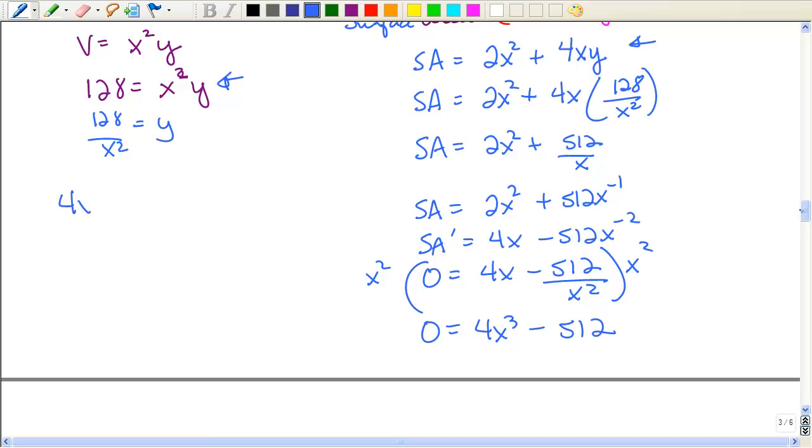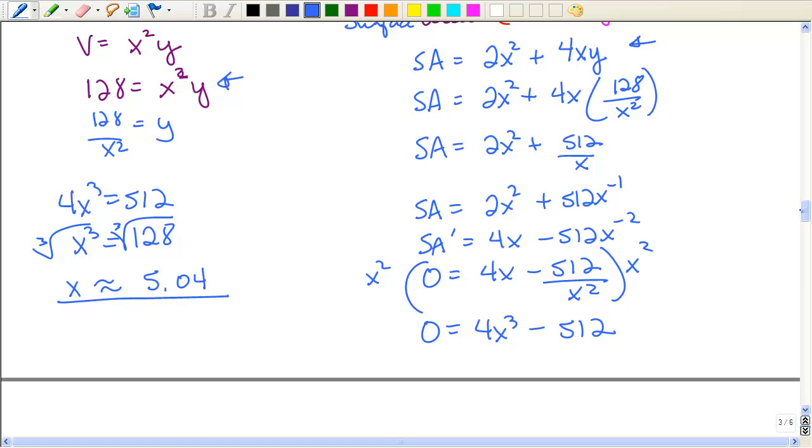So let's see, I'm going to have 4x cubed equals 512. X cubed is going to be 128. And then if I take the cube root of 128, that would be approximately 5.04. So you could leave it as the cube root of 128. You could simplify that, or the book says it's fine to use decimals.